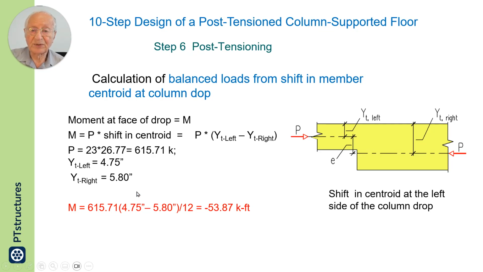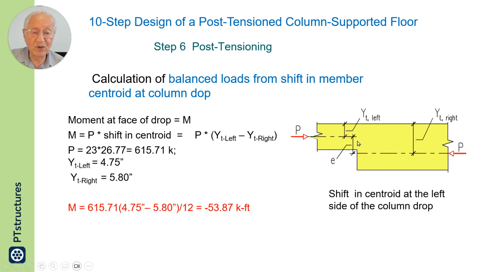Next, we come to the consideration of the thickening of span number 2. We have to calculate the balance loads from shift in member centroid at column drop. The centroid of the member in the slab is here. In the column drop, the centroid is here. So there will be a shift.